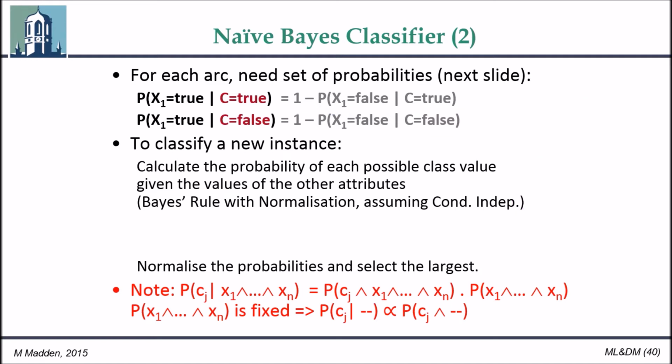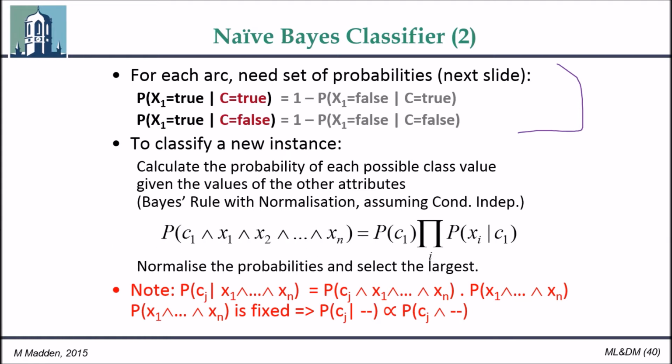So, if I've got my naive Bayes structure, and I come up with a set of probabilities, and we'll show you how to do that on the next slide, and then I want to classify a new instance, well, all I am going to do is calculate the probability of each possible class value given the values of all the other attributes. So this is the Bayes rule with normalization, assuming conditional independence.